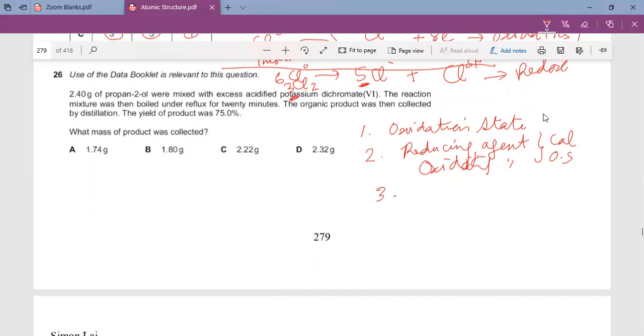Third, you need to derive the two half ionic equations, the oxidation reaction and reduction reaction. And finally, to get the overall redox reaction equation.